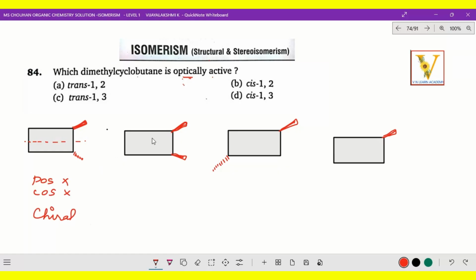Whereas here, when you cut over here, both parts are equal, identical, symmetrical. Symmetrical means achiral. This achiral compound is actually meso, and meso means optically inactive.